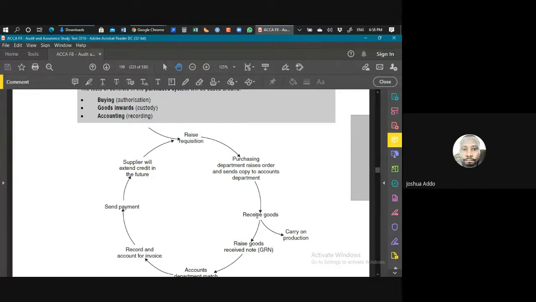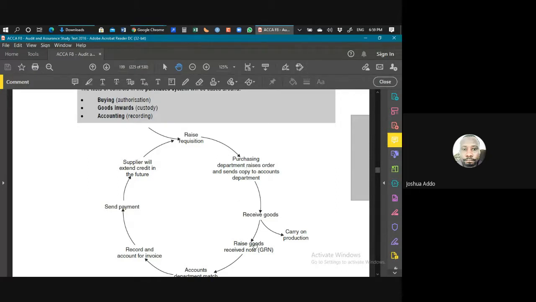And then they will raise a document called Goods Received Note, GRN for short. That is acknowledging that they have received this quantity of goods, this quality, this color, all the descriptions. And they will match that with the purchase order. If there is any discrepancy, that needs to be documented.